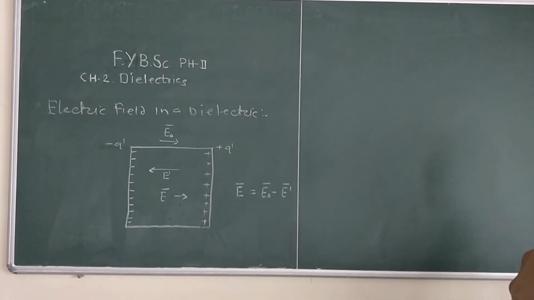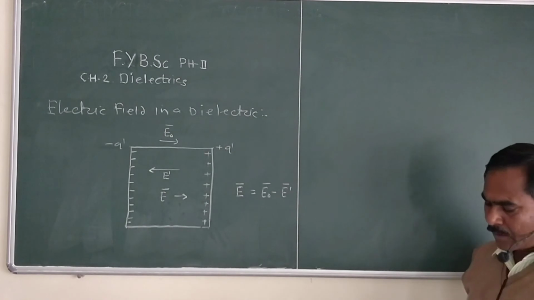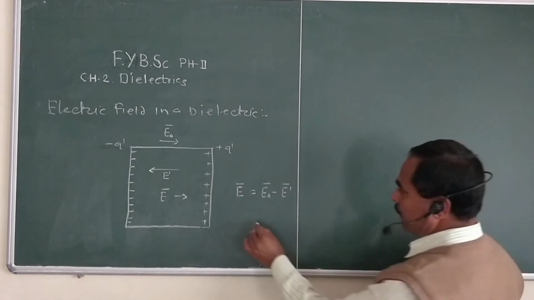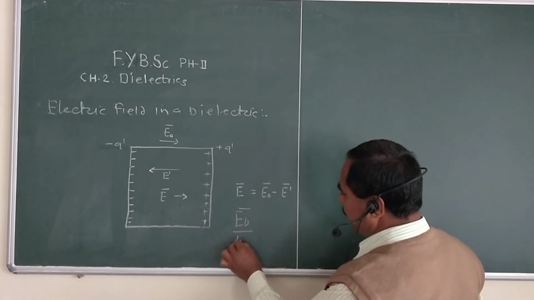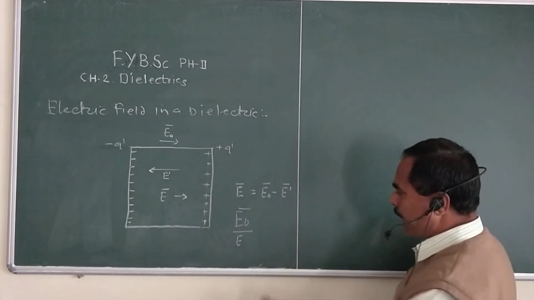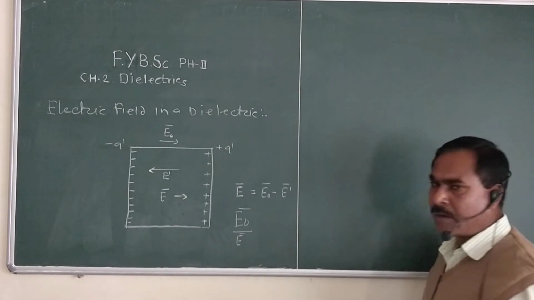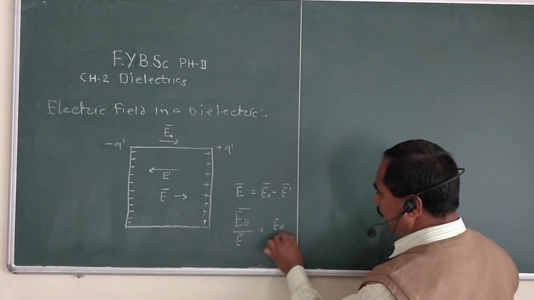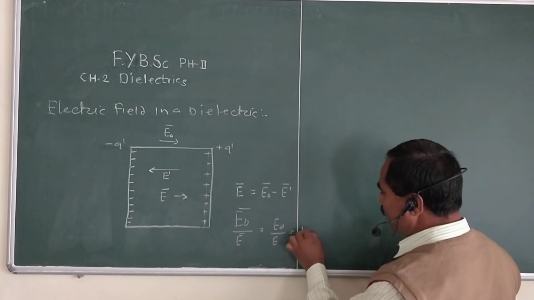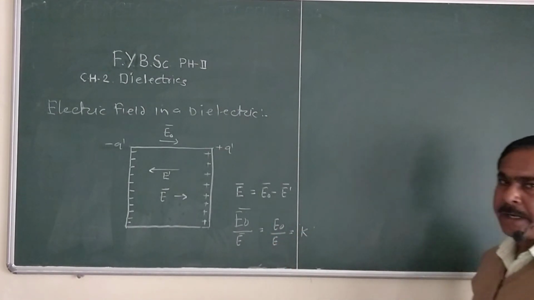Then next we consider the ratio of the applied electric field to the net electric field, that is E bar. Okay, or in magnitude we write this equal to E naught upon E, that is equal to K. Again the dielectric constant.